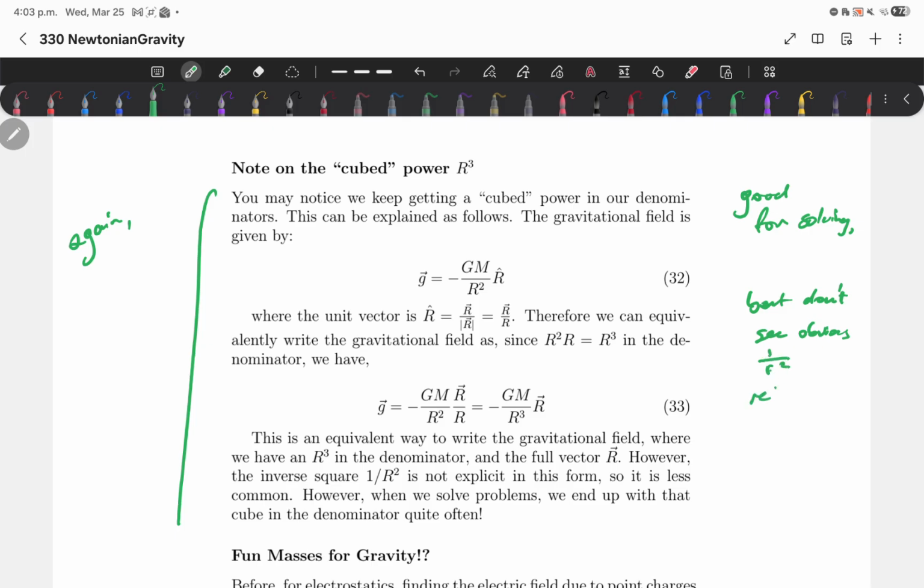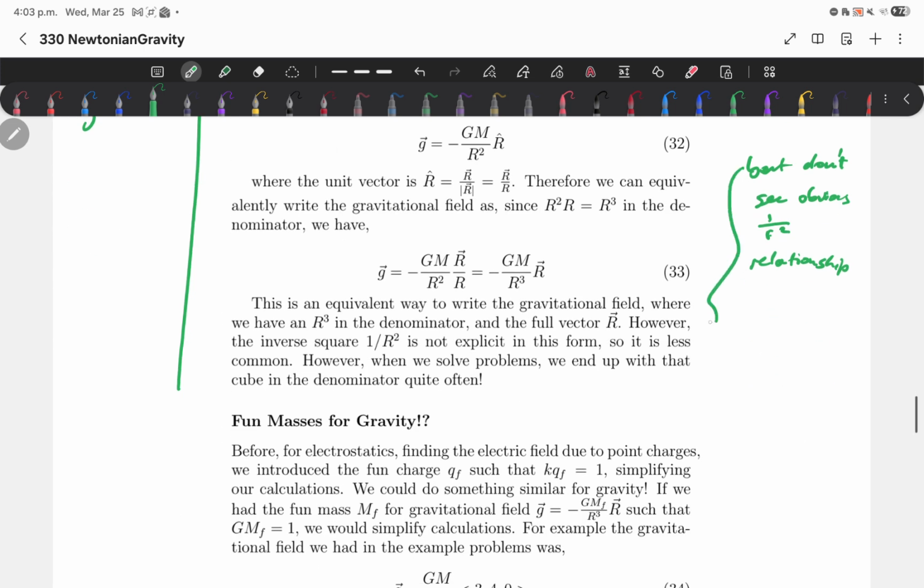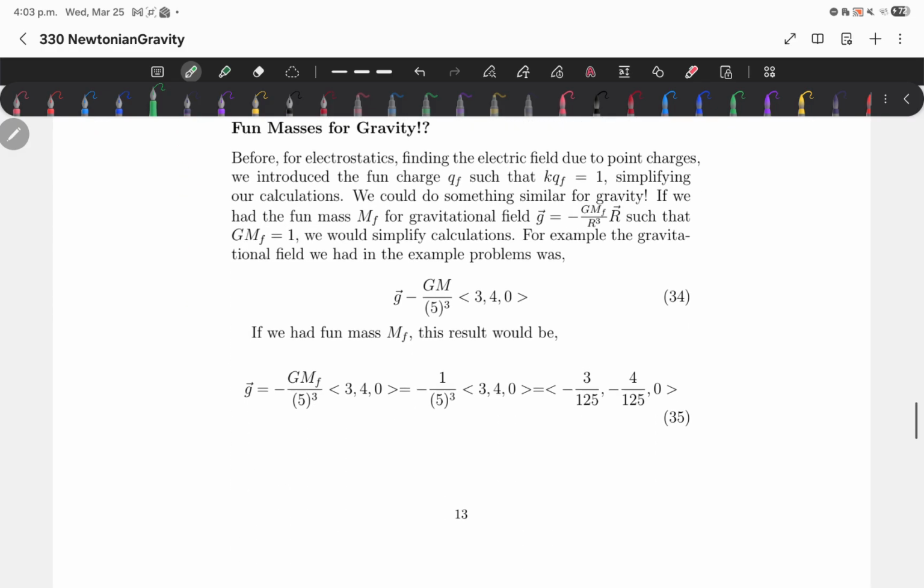That's why we end up with the cube power in the denominator so much for this field type stuff. Nice. Someone predicted this in the morning. Someone said, wait a second, are we going to do a fun mass like we did a fun charge? Of course. When we talked about electrostatics, the fun charge, we said if k times q is equal to 1, we have what we call a fun charge, which just makes the math way easier. We can do the exact same thing for gravity. We'll define a fun mass as a mass such that GM equals 1.